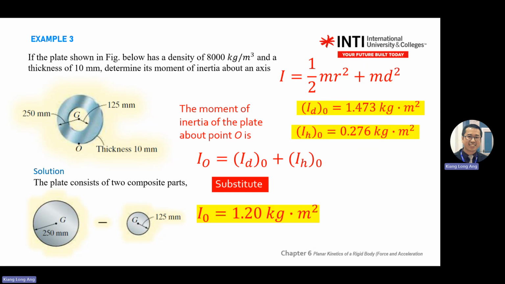When you do the substitution, you get that one. Although there's a plus here, actually it's a minus. Plus here, because when we are doing a composite object, we always add all the moments of inertia together. In this case, we do subtraction.